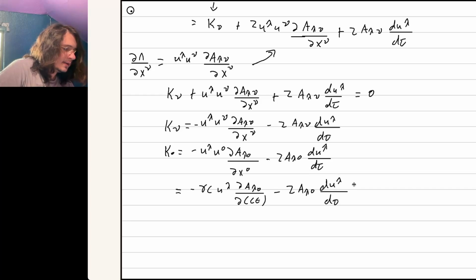Then the first, second, and third components of the Minkowski force will look like this.